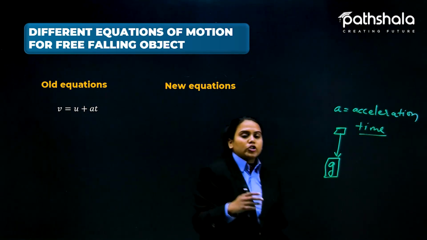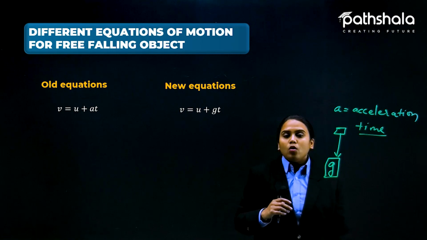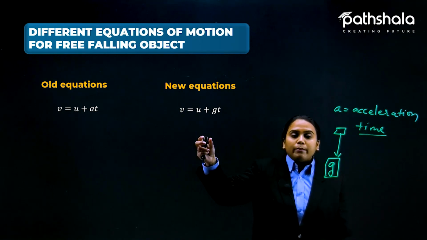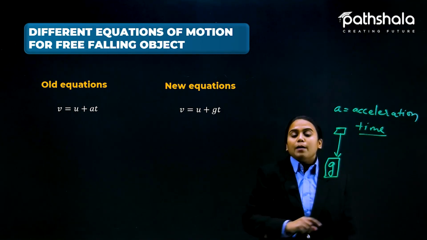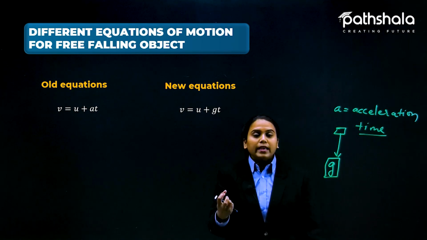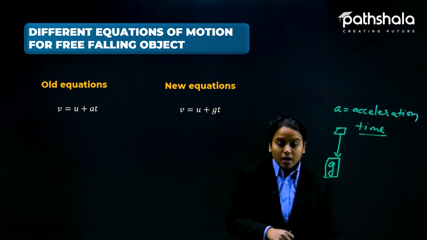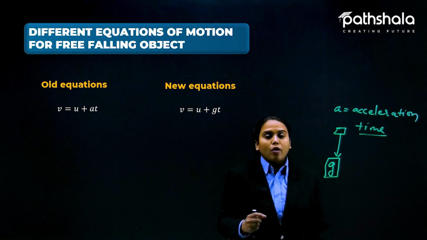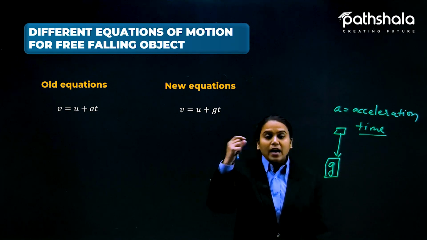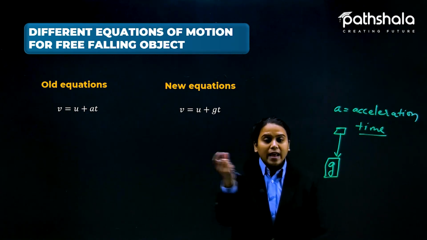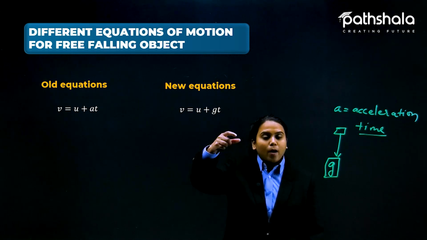Time and everything else here could be the same. In the new equation, a gets replaced with the small g, because here the pulling is done by the earth and it is pulling every object towards itself, because they are not applying any force on any other thing, they are just dropped.